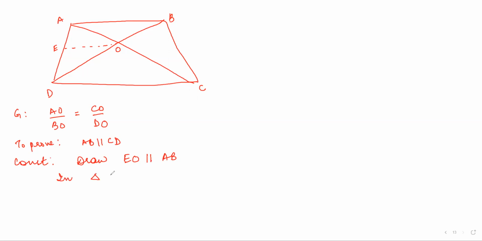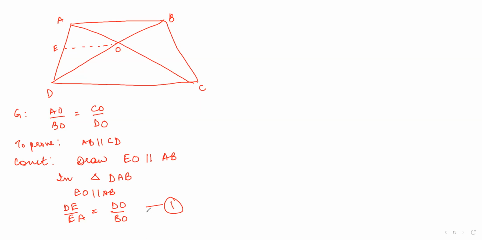In triangle DAB, the top one. Now because EO is parallel to AB, by BPT, the sides are in proportion. So DE upon EA is equal to DO upon BO. Is this okay? So mark it 1.